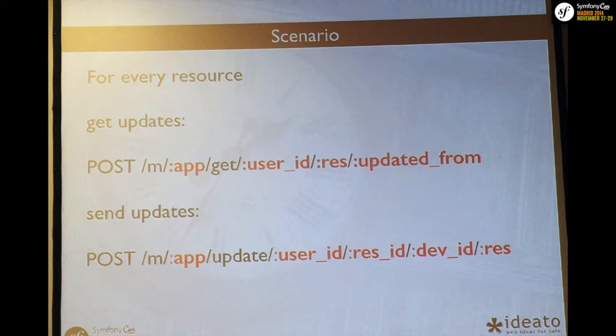There's no sharing of data between users. The resource name, and eventually an update-from parameter, which allows you to say I just want the changes from this time and not before.